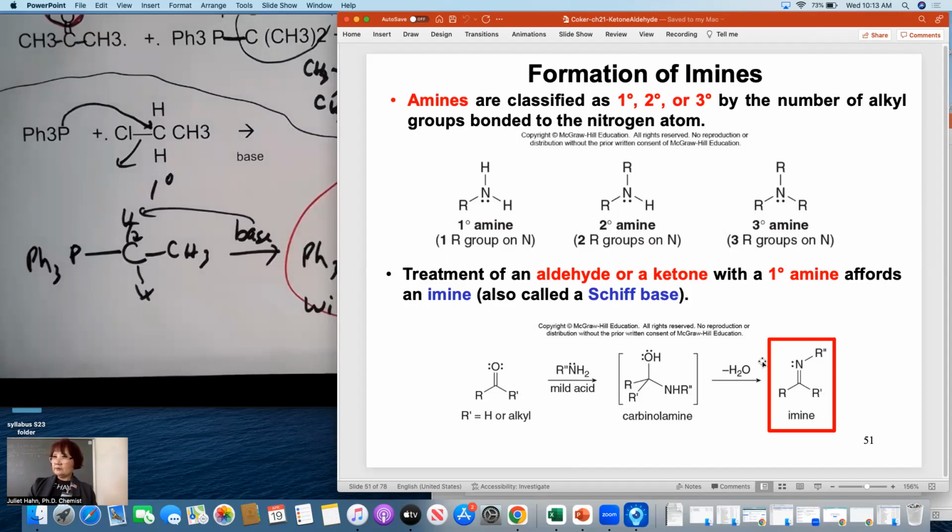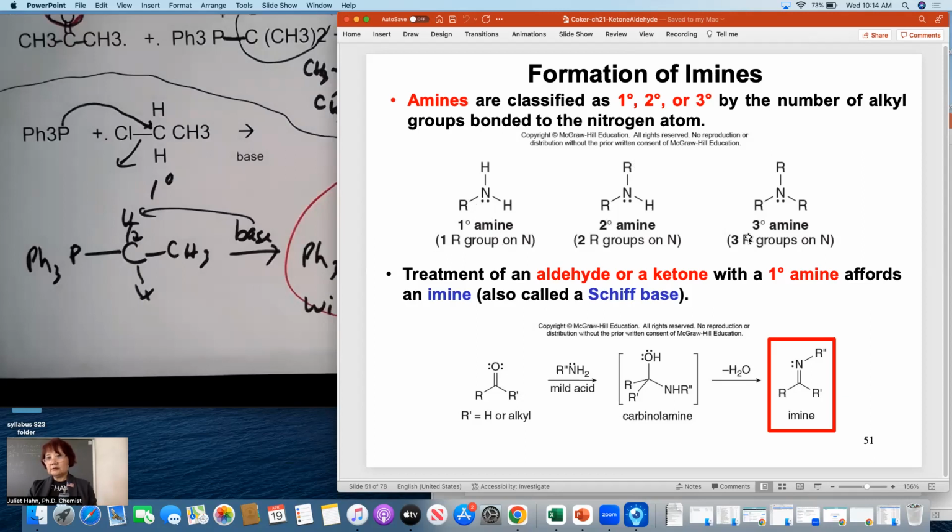So what's a primary amine, you ask? It's sort of like primary alcohol, secondary alcohol, tertiary alcohol, that's the same sort of thing. So here's an amine. Ammonia would be NH3, but this is an amine because it's got 1 R group on there. This is a primary amine. Why is it primary? It's got 1 R group. This is a secondary amine. Why is it secondary? It's got 2 R groups.